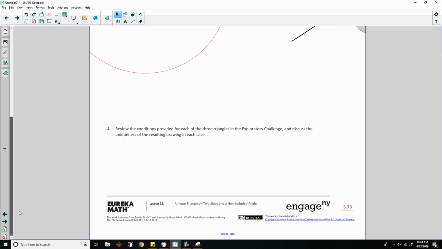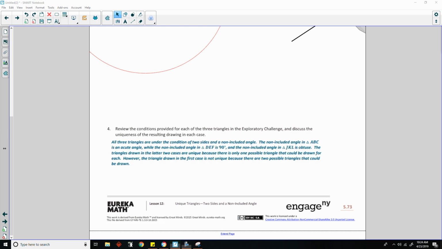Number 4. Review the conditions provided for each of the 3 triangles in the exploratory challenge and discuss the uniqueness of the resulting drawing in each case. Okay, so we would say all 3 triangles are under the condition of 2 sides and a non-included angle. The non-included angle in triangle ABC was acute, while the non-included angle in triangle DEF was 90 degrees, and the non-included angle in triangle JKL was obtuse.